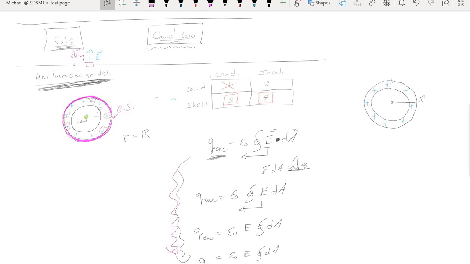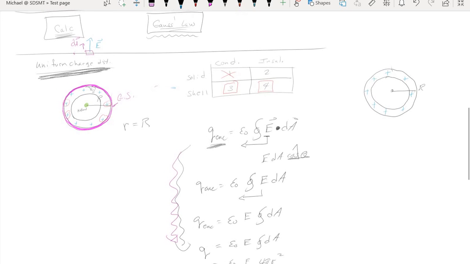If we came in here and polished the surface of this insulator with a dry rag, that would physically move the charge around the surface of the insulator, and if we did that long enough, we would ultimately achieve a uniform distribution of charge.